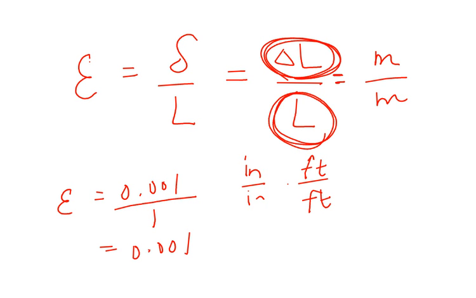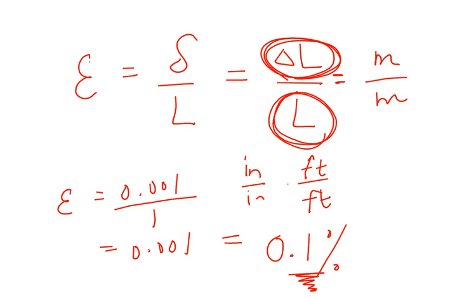Now, that's pretty tiny. So what a lot of people do is they express this as a percentage. Of course, you multiply by 100, or you move that decimal place to the right by 2 places, and you get 0.1%. So this is another way of expressing strain, as a percentage.